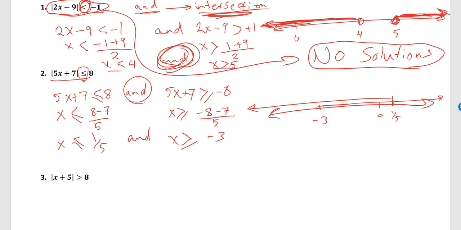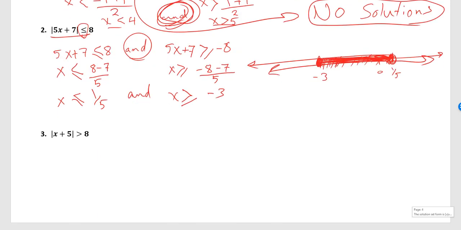So my solution is the intersection of both regions. Essentially it is the region between minus 3 and plus 1/5. Okay, this is my solution.